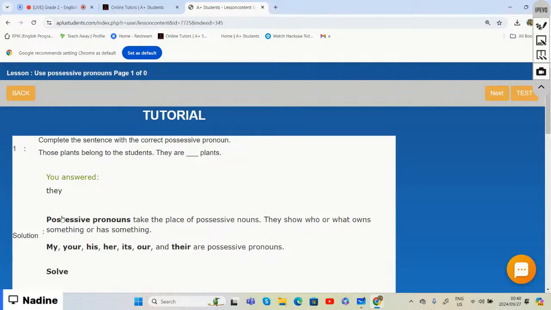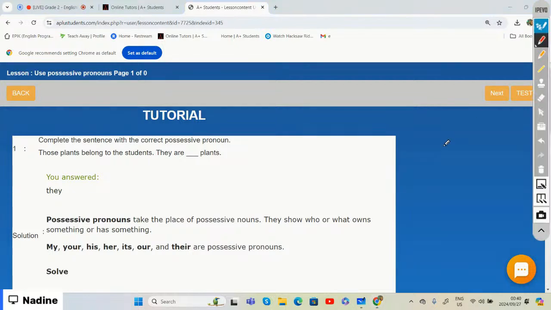All right, it says that those plants belong to the students. So we can say they are their plants, because it belongs to the students. It belongs to them, their.